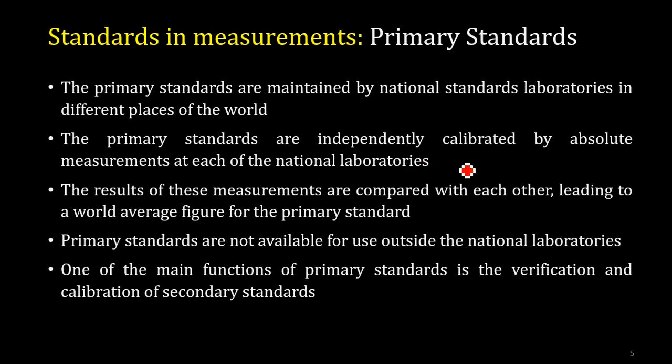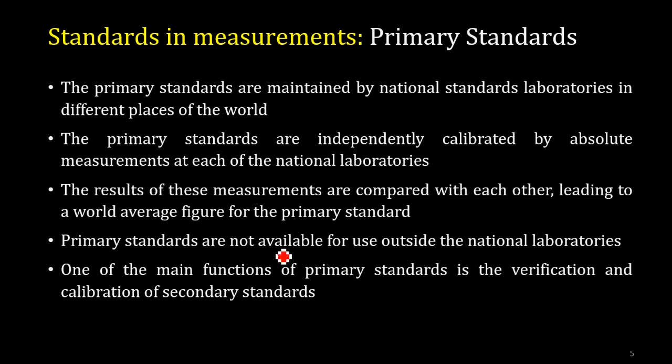Suppose India has the Bureau of Indian Standards, which is the national standard for measurements in India. They will have primary standards, and these primary standards will be calibrated at this national laboratory. You have such national laboratories across the world, and the average of such values or measurements are compared, and you arrive at a primary standard. Again, these are not available outside the national laboratories.